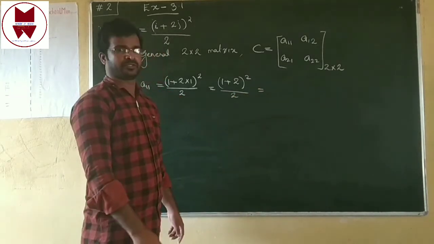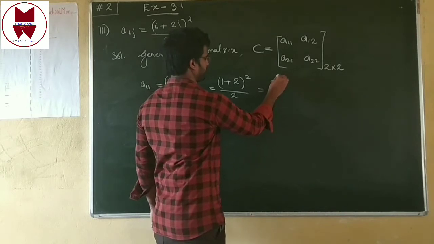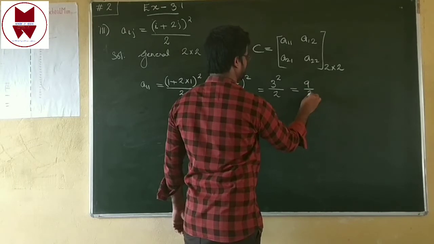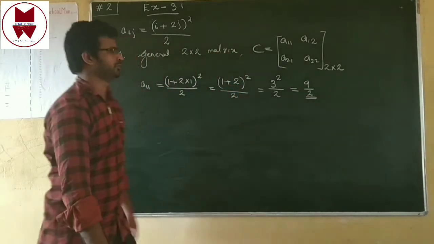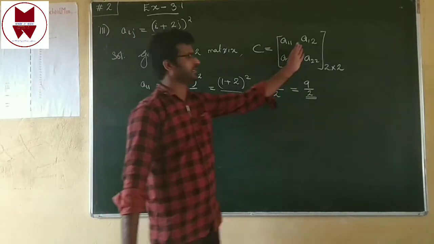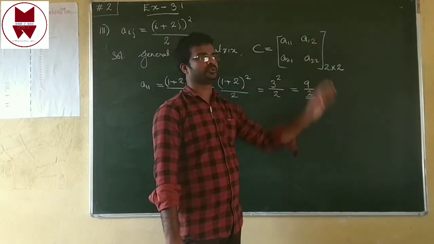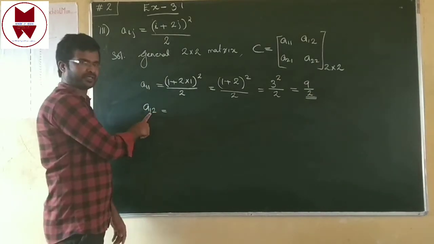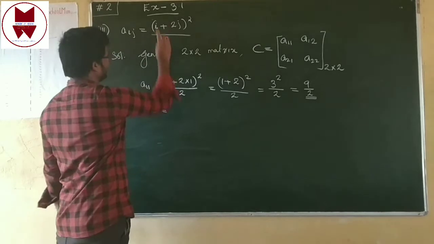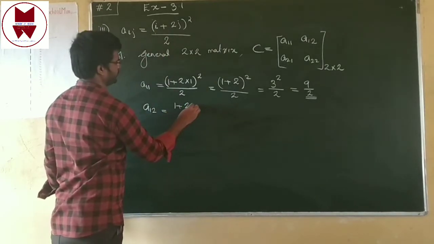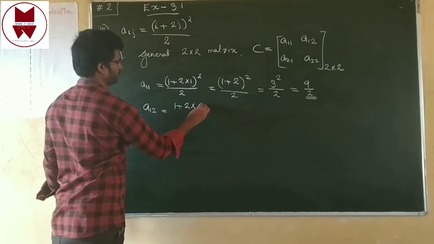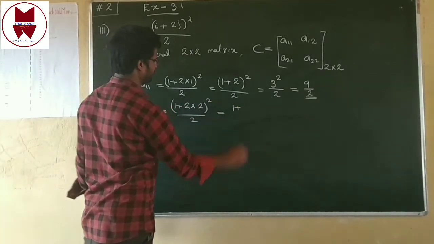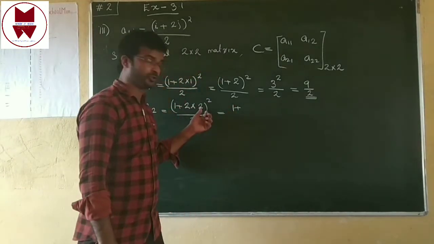Then 1 plus 2 is 3. 3 square by 2, 3 square is 9, so 9 by 2. The answer is 9 divided by 2. Then the next element, A12. A12 equals, here I means 1, J means 2. Given here I means 1 plus 2 into J, J means 2. All square by 2. 1 plus 2 into 2, that is 4.